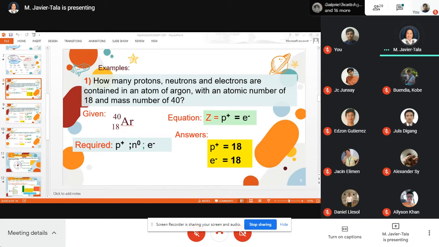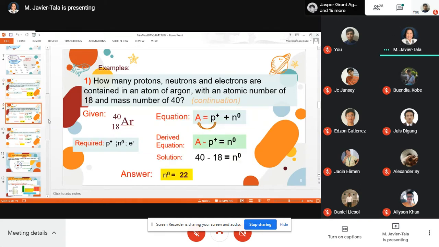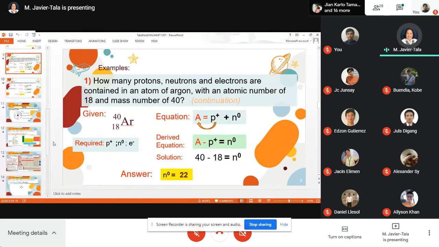To solve for the number of neutrons, we will have to derive an equation. We already solved for the protons and electrons. The mass number is equivalent to the rounded-off atomic mass, which is the mass of the nucleus, composed of protons and neutrons.